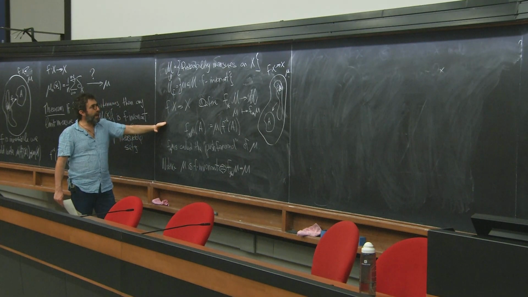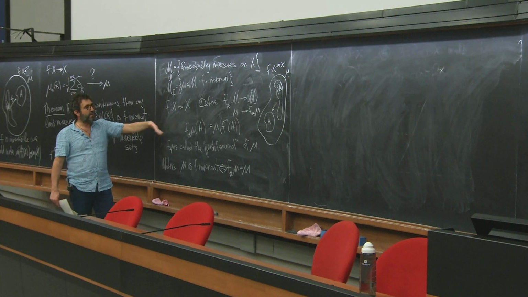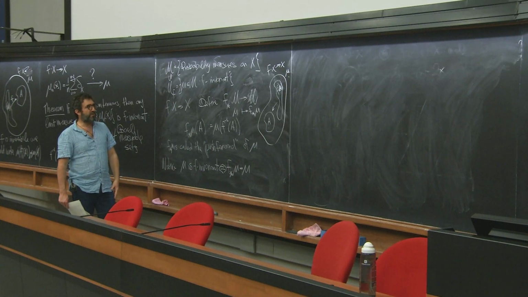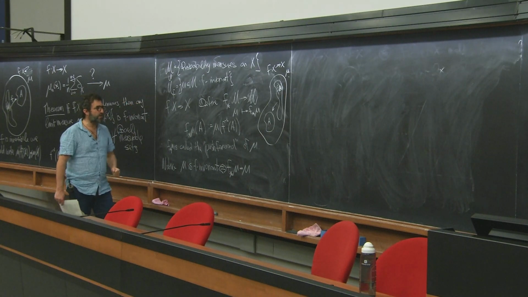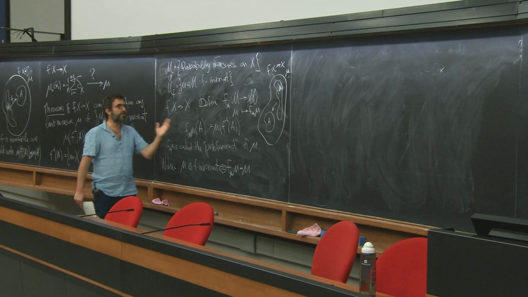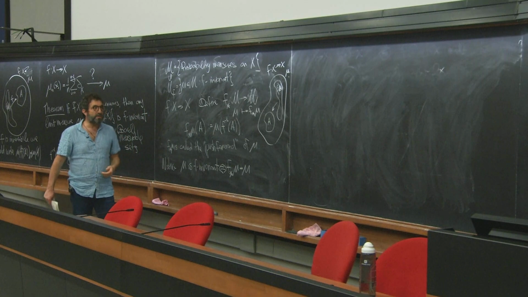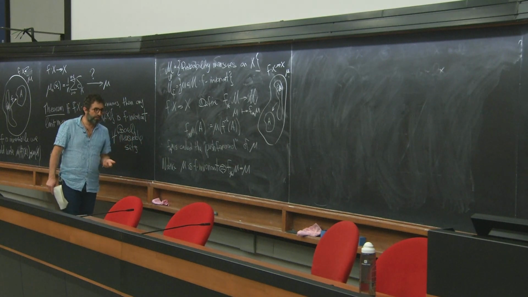So in some sense, we have reduced the problem of finding invariant measures to the problem of finding a fixed point for this map from the space of measures to itself.